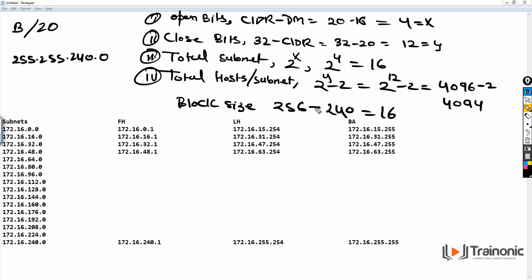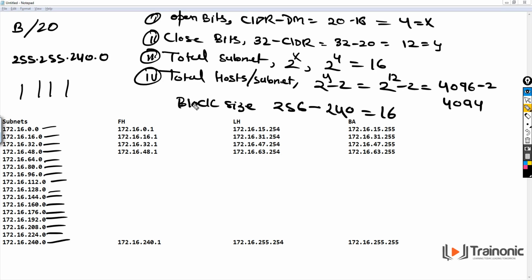For block size, when 4 bits are on, 128, 192, 224, 240. Now you can see 240, 256 minus 240, 16 is the block size. Total subnets 16, 1, 2, 3, 4, 5, 6, 7, 8, 9, 10, 11, 12, 13, 14, 15, 16.